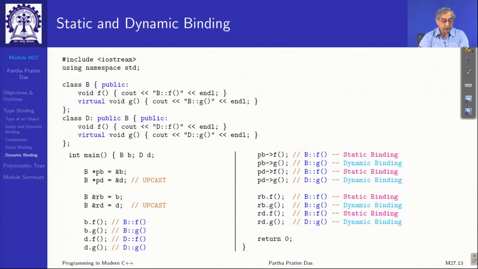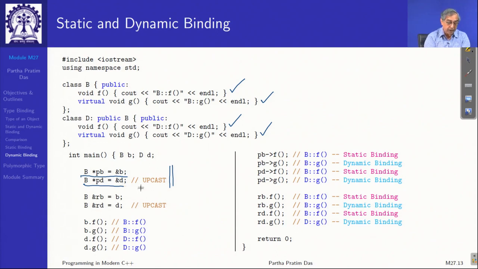So, just to compare how they look in terms of static and dynamic binding, I have a function f here which is overridden in the derived class which is non-virtual, and I have a g which is virtual. So, you can have a pointer p b which holds the base class object, pointer p d which holds the derived class object, but p d is of type base class.